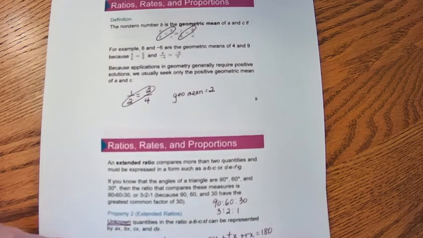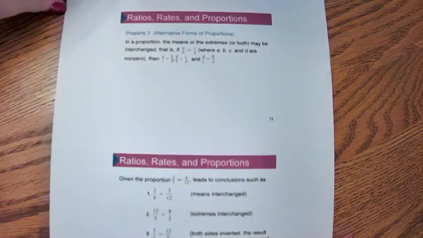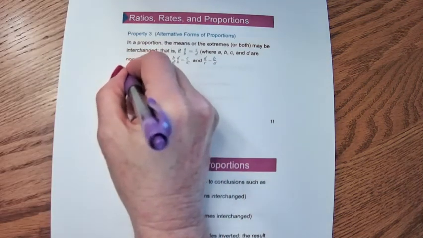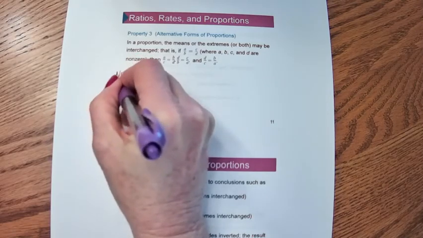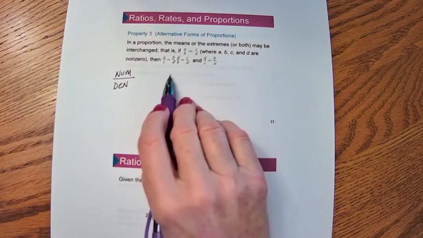So when you set up these proportions, you have to make sure that you are consistent with what's represented in the numerator and what's represented in the denominator. There is not just one way to represent a proportion, but there are several ways you can mess it up, and you have to be very careful.